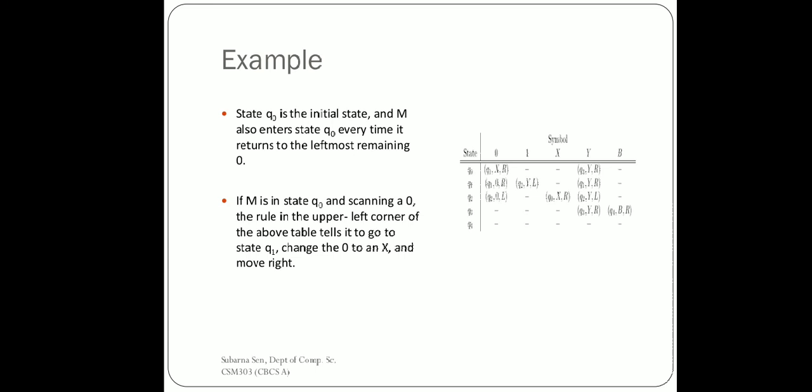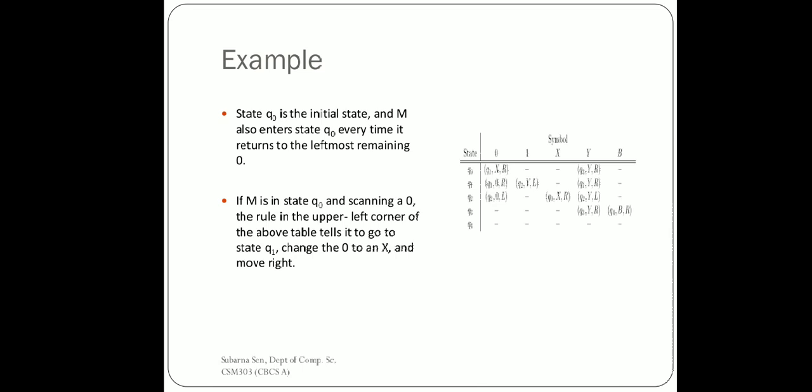Whenever it sees a 0, it will change that 0 to x, make a transition to the next state q1, and move to the right.